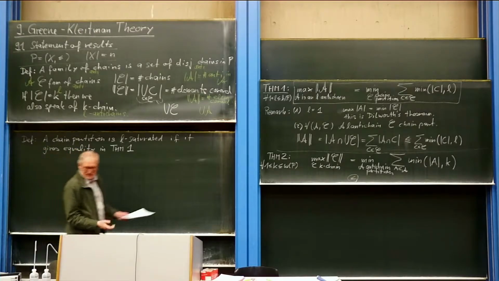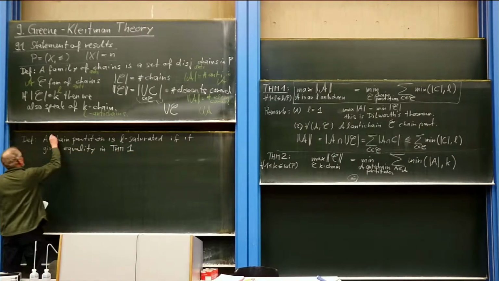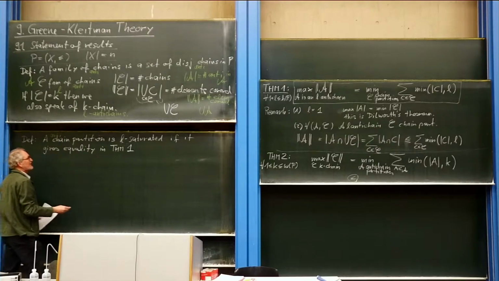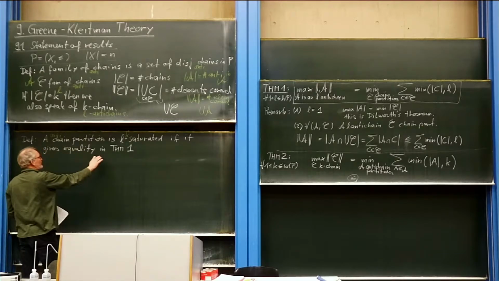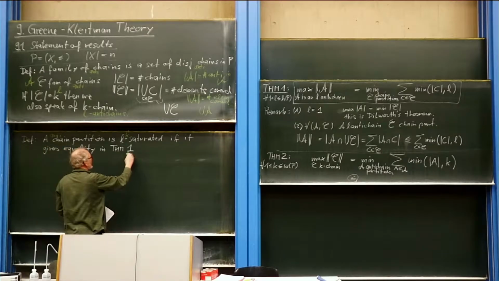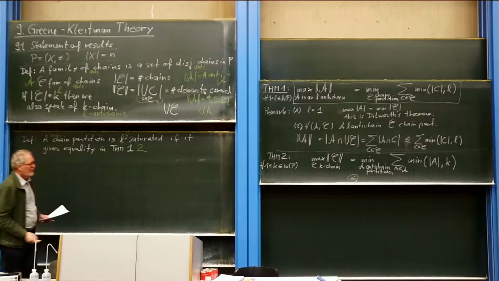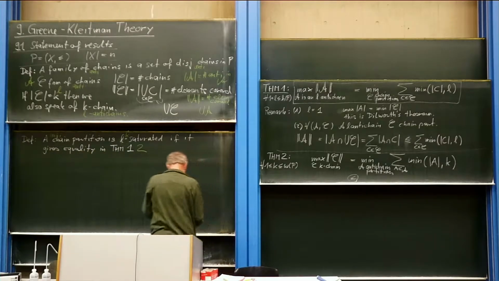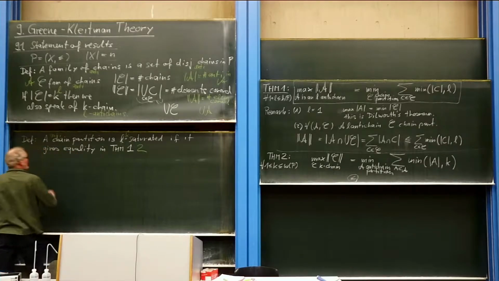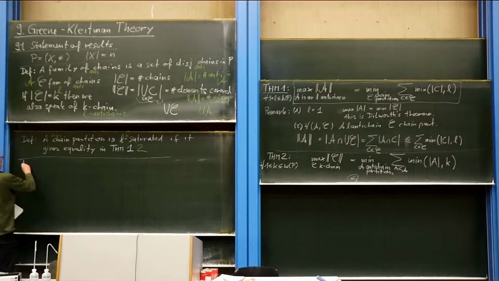And of course, we again have the dual definition. An antichain partition is K-saturated if it gives equality in theorem 2. And yeah, so with these definitions, we can state the next two theorems.